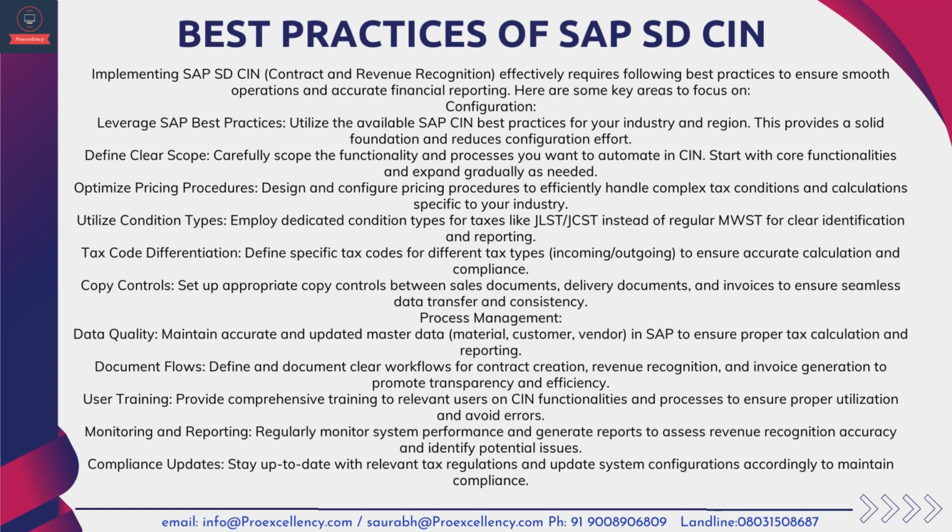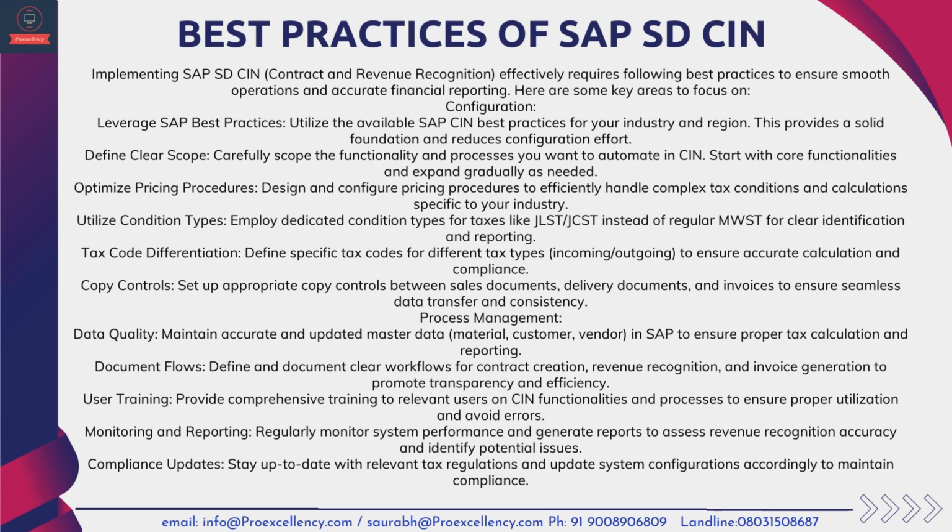Optimize pricing procedures. Design and configure pricing procedures to efficiently handle complex tax conditions and calculations specific to your industry. Utilize condition types. Employ dedicated condition types for taxes like JLST, JCST instead of regular MWST for clear identification and reporting. Tax code differentiation.